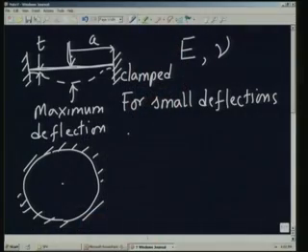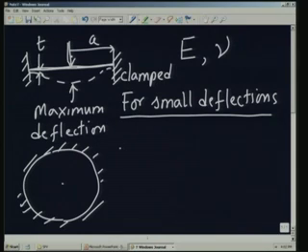For example, the change in the movement which I have shown here must be smaller than the thickness. It will be in fact much smaller than the thickness and much smaller than the radius of the diaphragm itself. Therefore, for small deflections, we have a linear relationship between the pressure and the deflection.